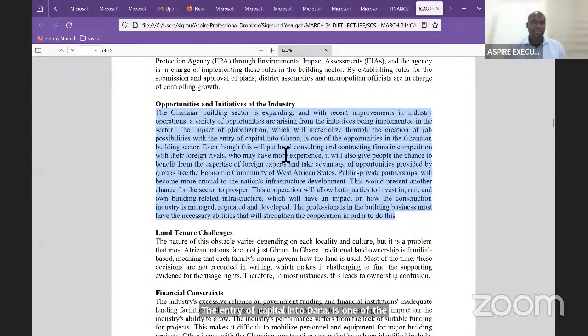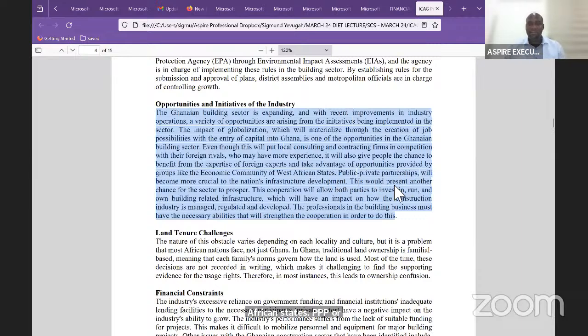Even though this will put the local consulting and contracting firms in competition with foreign rivals who may have more experience, it will also give people the chance to benefit from the expertise of the foreign experts and take advantage of the opportunities provided by groups like the Economic Community of West African States.